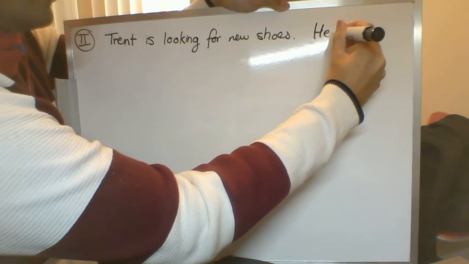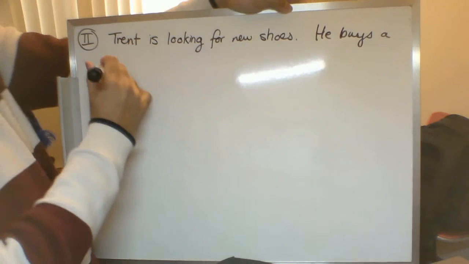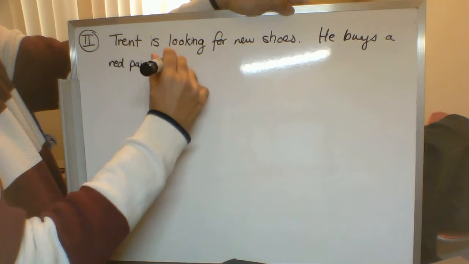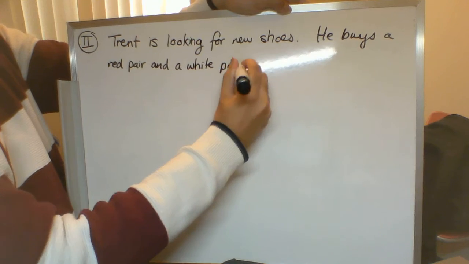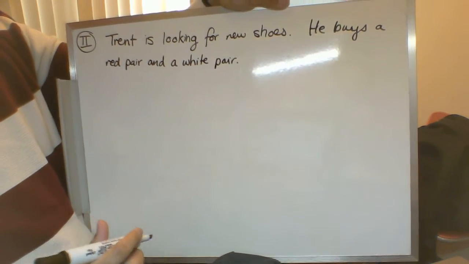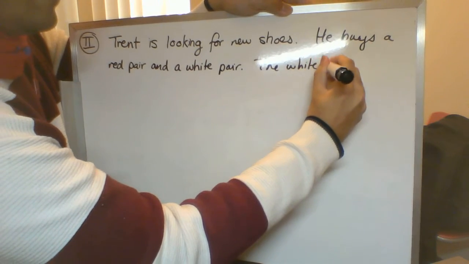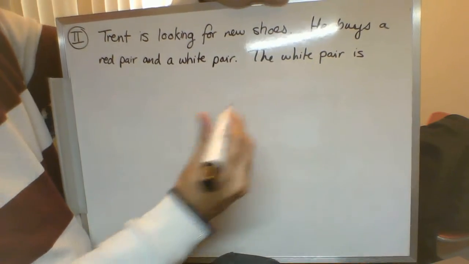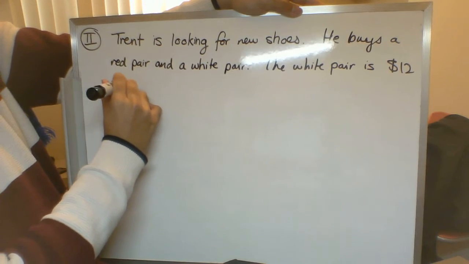Well, when he finds the shoes, he buys a red pair and a white pair. All right, so he's got a pair of red shoes and he's got a pair of white shoes. Now, the white pair is $12 more expensive than the red pair.